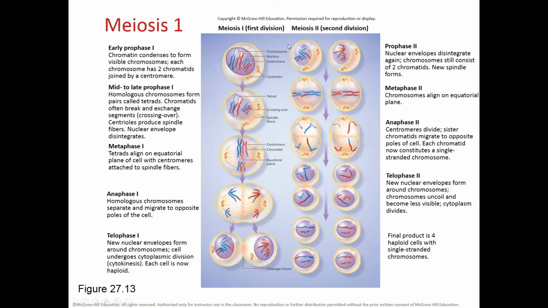And you start dividing the number of chromosomes that you started with in here, which was 46, into two sets of cells for each of these daughter cells, which will have 23 chromosomes each. So you started with diploid cells, or cells that have 46 chromosomes, and then you end up with cells that have 23 chromosomes, which are known as haploid cells.